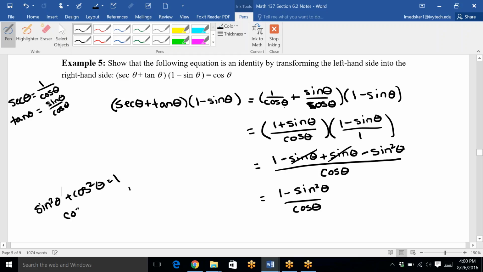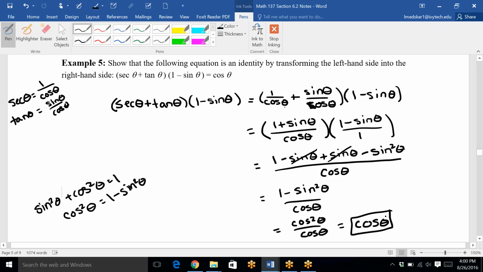If you solve that for cosine squared theta, that is 1 minus sine squared theta. That's our numerator, so that means our numerator is actually cosine squared. And when you have something on top with something on bottom that matches, essentially, remember this is squared, one of each of those will cancel out. So you're just left with cosine theta.